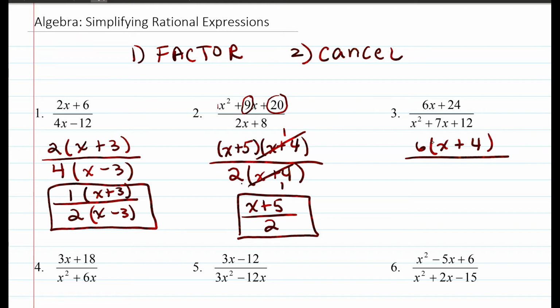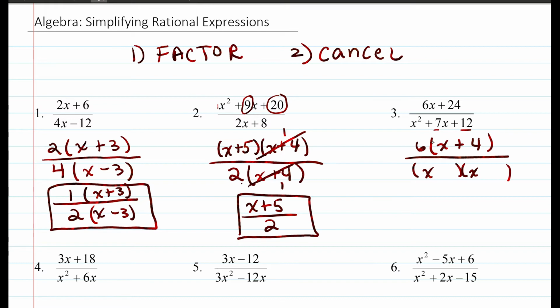It's a trinomial, so I'm just going to go ahead and factor the same way I factored the denominator in problem 2. So I'll put an x in each set of parentheses, and I'll say what times what makes 12, and the same 2 numbers have to add or subtract to make 7. Now if I picked 6 and 2, 6 times 2 surely make 12, but 6 and 2 do not add or subtract to make the 7.